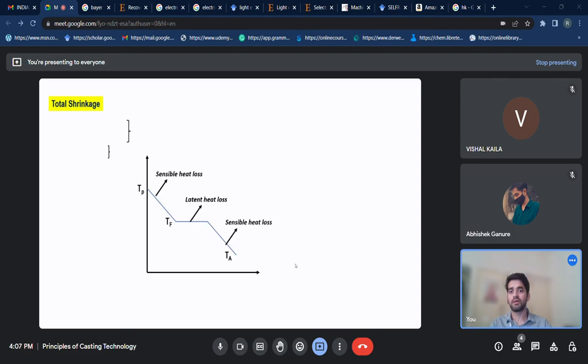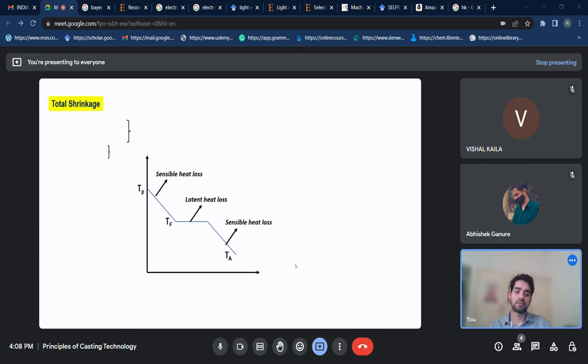So firstly, if we talk about the shrinkages, some of it has been covered in the theory, but as the numerical portion was missing, I thought to again teach some concepts of basics. I will be teaching this concept shortly, and then we will move to the numerical problems.